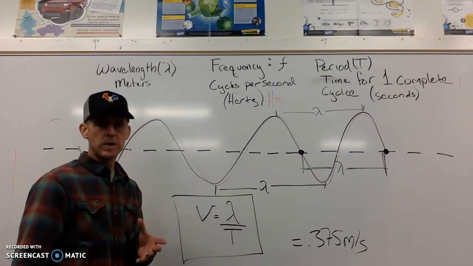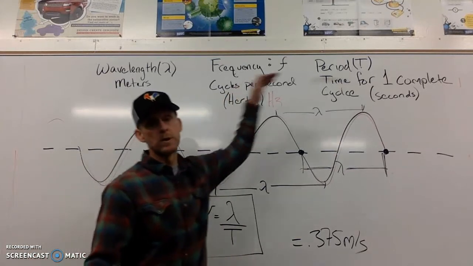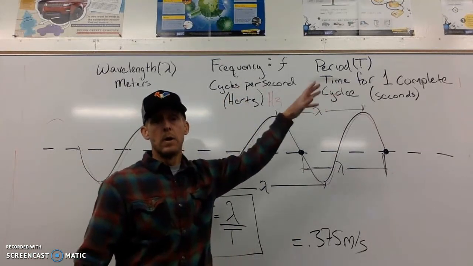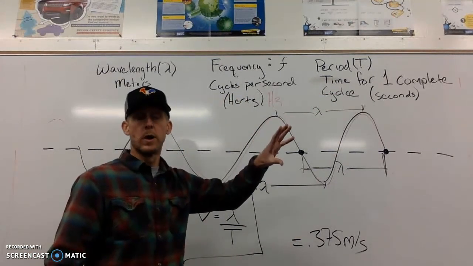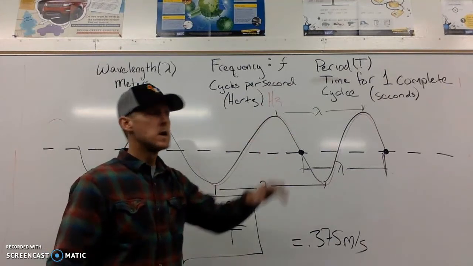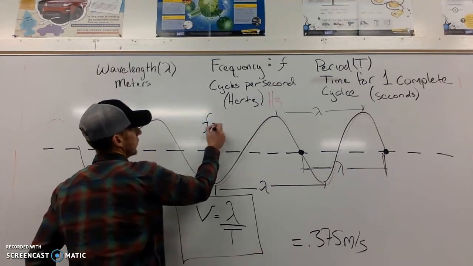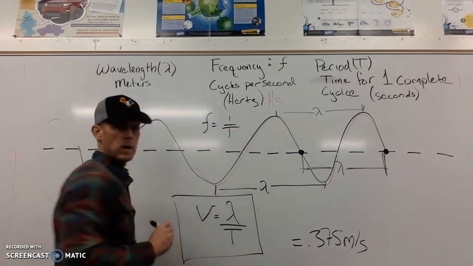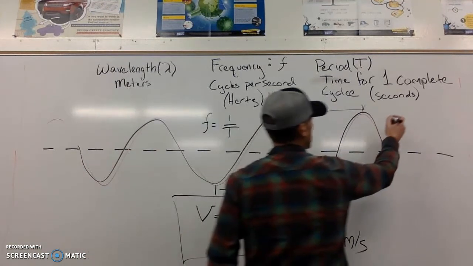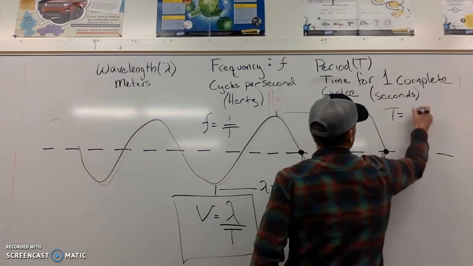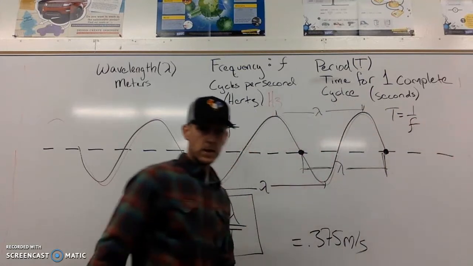Now there's also always a defined relationship between frequency and period. Frequency and period are the inverse of one another. If you know one, you know the other. So I might write frequency is just 1 over period, f = 1/T, and I could also write period is 1 over frequency, T = 1/f.